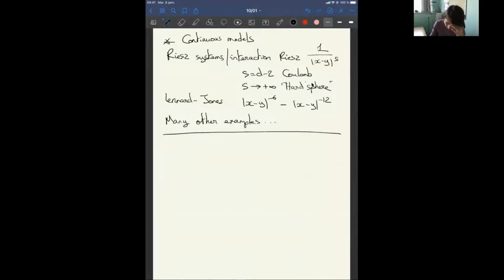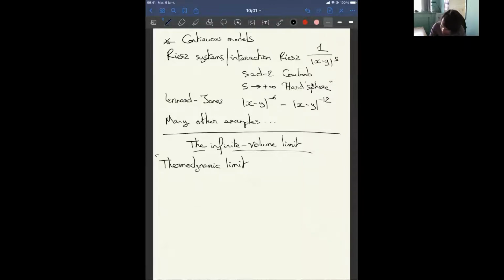So I want to move to a completely different section, which has to do with the infinite volume limit. Okay, and so my goal in this section is to raise awareness about problems that occur when you're trying to give a mathematical treatment of what is called the thermodynamic limit.